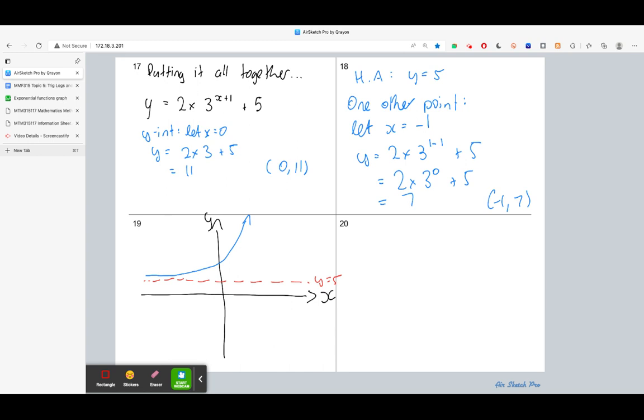So I'm now going to put in -1, 7 as my one other point, and I'm going to have 0, 11 as my y-intercept, and I'm done. Have a go at doing some of the problems from the book.